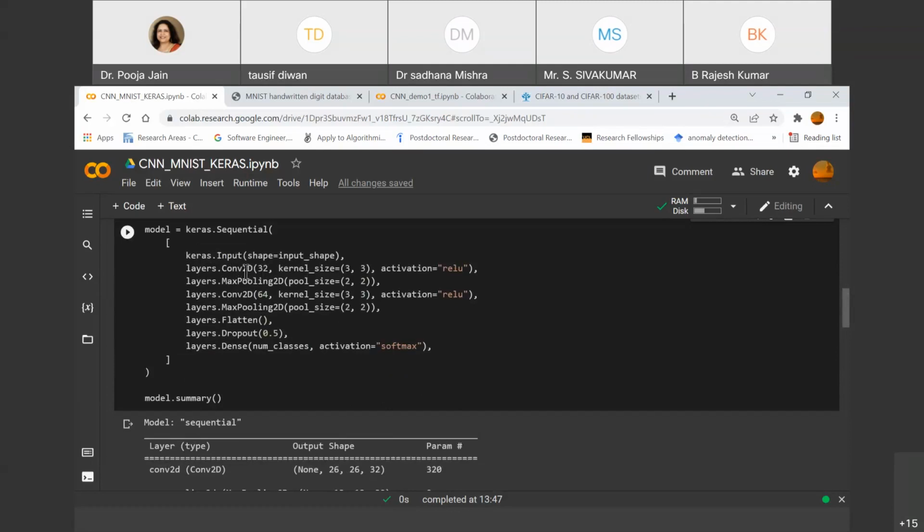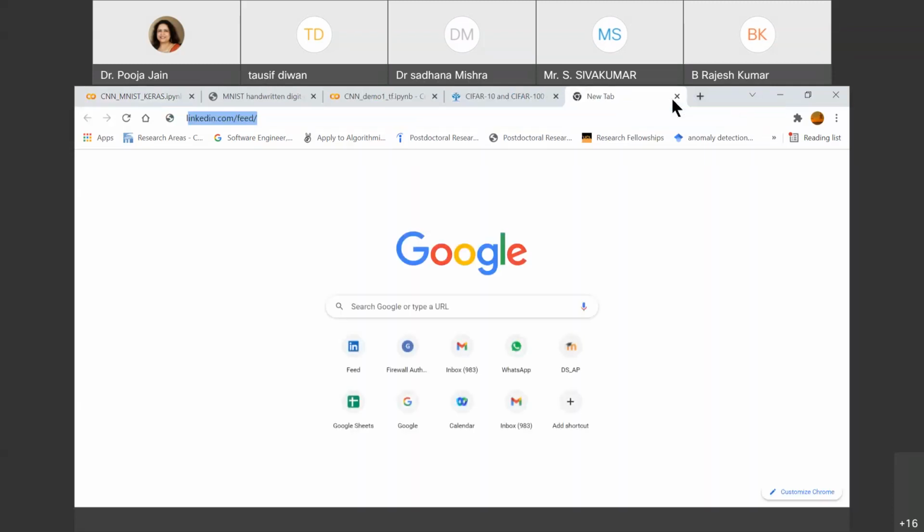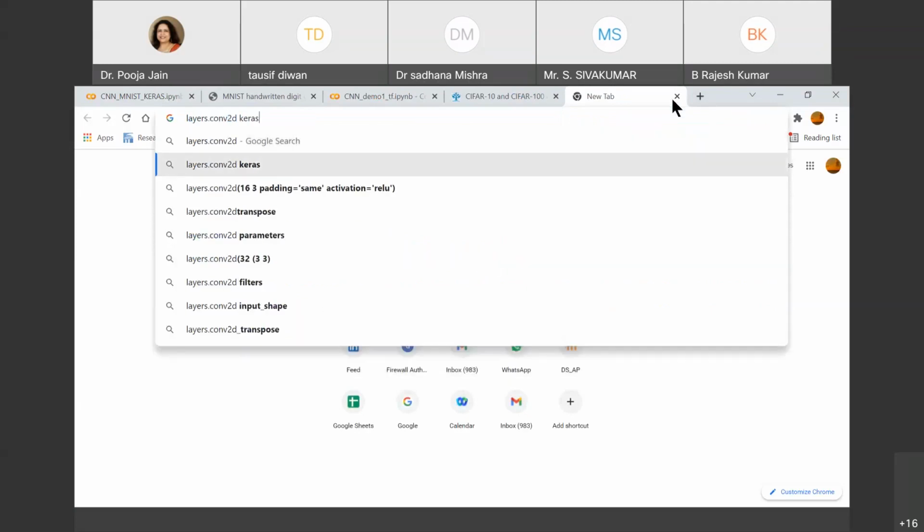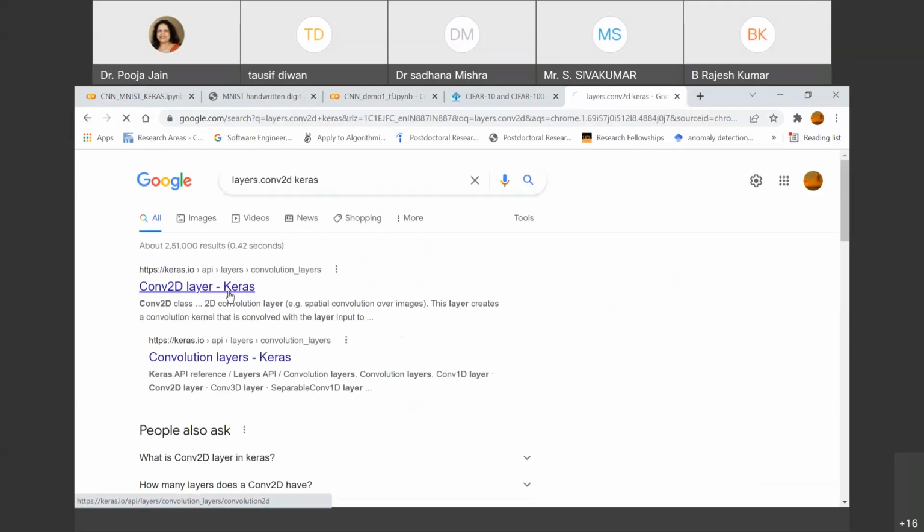Now see the parameters of this. Here 32 indicates the total number of filters that we are applying. Filter size is 3 cross 3. Which activation are we using? ReLU activation. Do you want to see the syntax of this? What we can do is look up layers.Conv2D in Keras, and you will get the syntax.